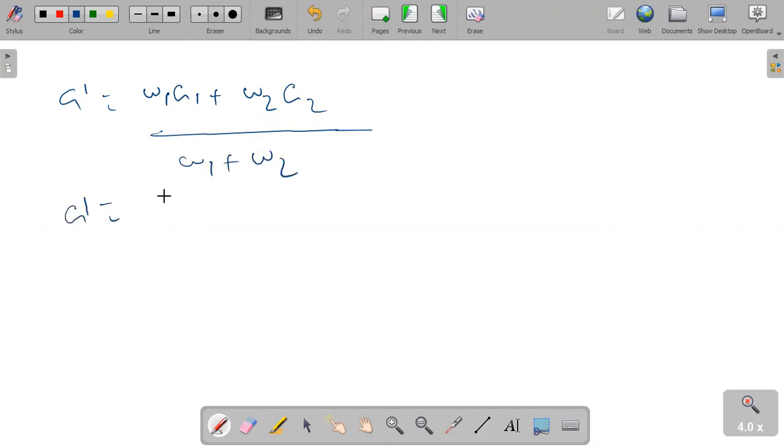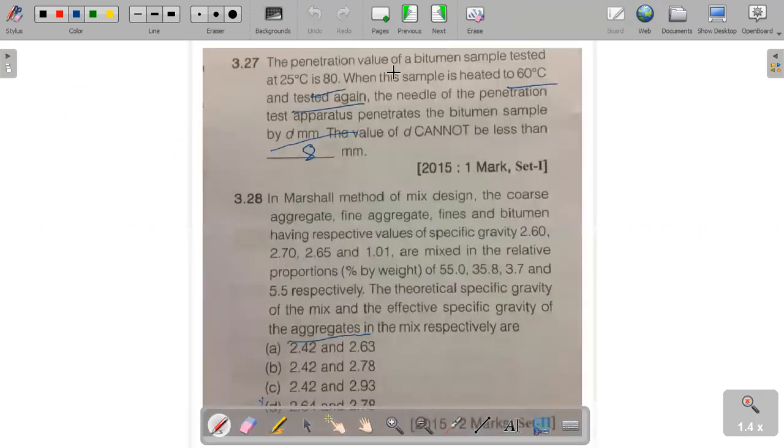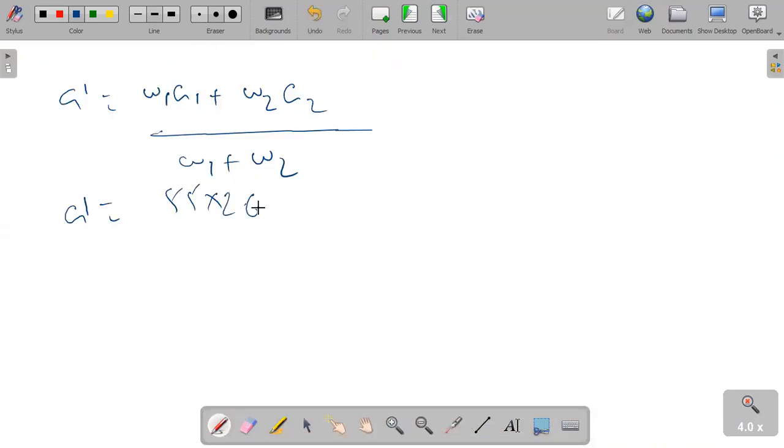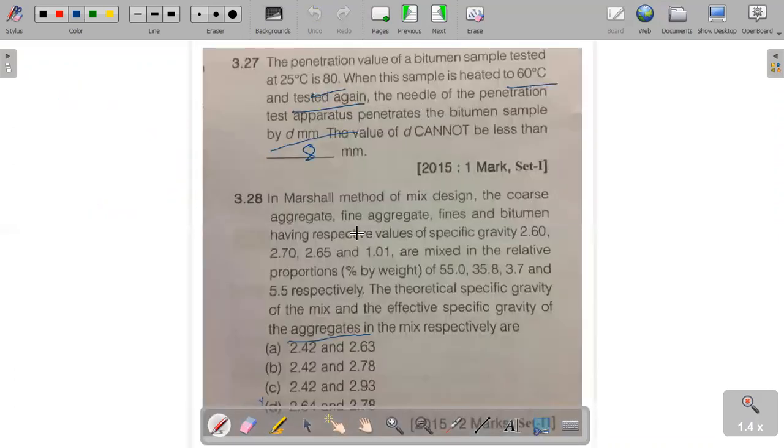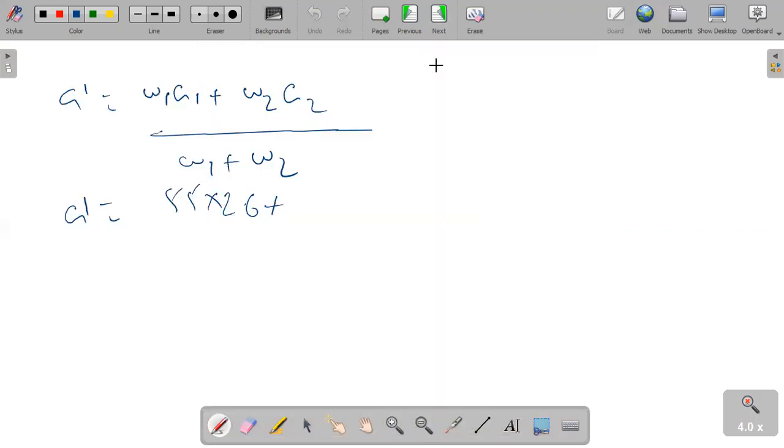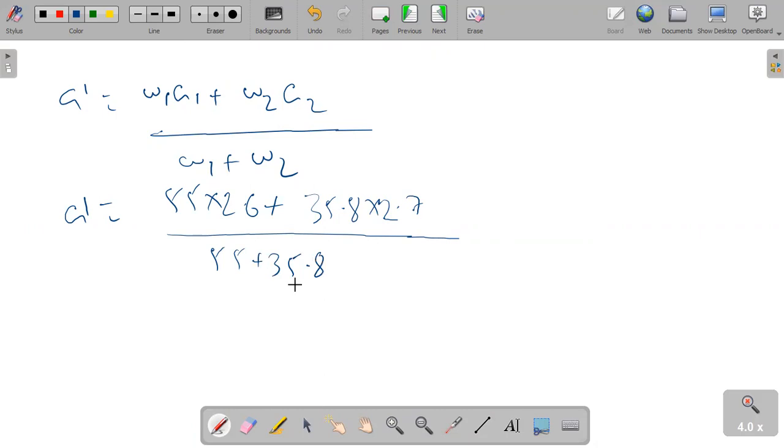That is G dash is equal to 55 into 2.6 plus W2, which is 35.8 into 2.70, upon 55 plus 35.8.